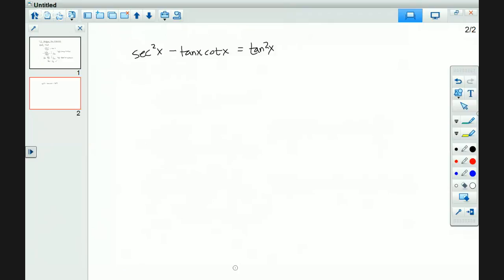Such is life, right? So when you look at these, you're basically saying, what can I do? Your automatic might be change it to sine and cosine. So if we did that, what number are you left with, though? It's going to be 1.